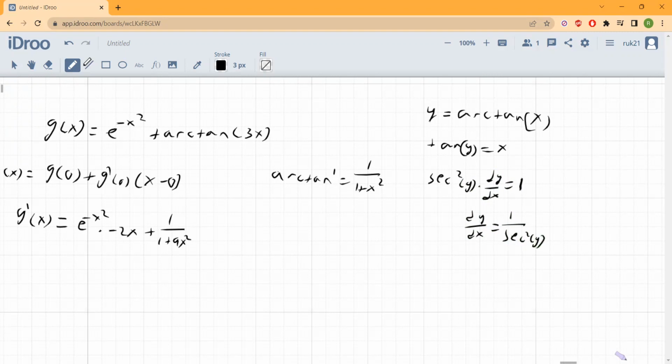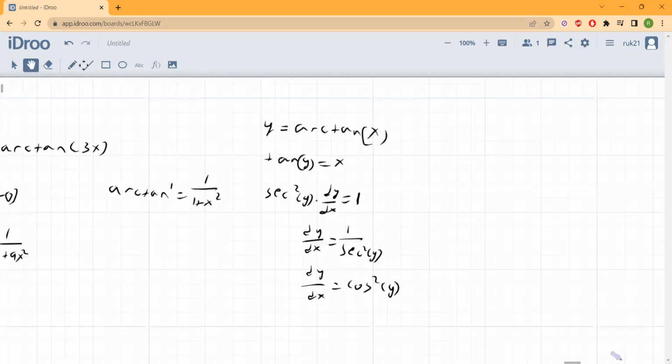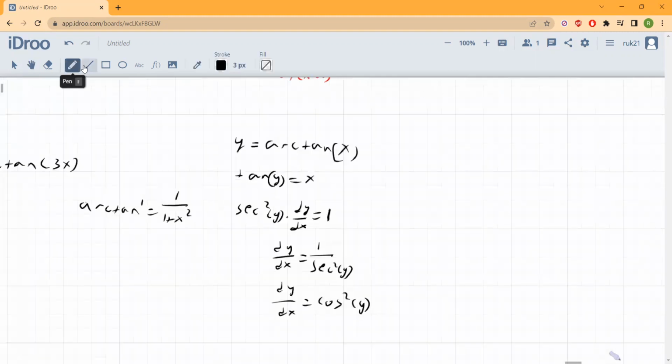And now 1 over secant squared is just cosine squared, so dy/dx equals cosine squared of y. Now, you know that y is equal to arctan of x, but if we just place arctan of x there, that's not going to be too helpful. So instead we're going to visualize y as an angle in a triangle.